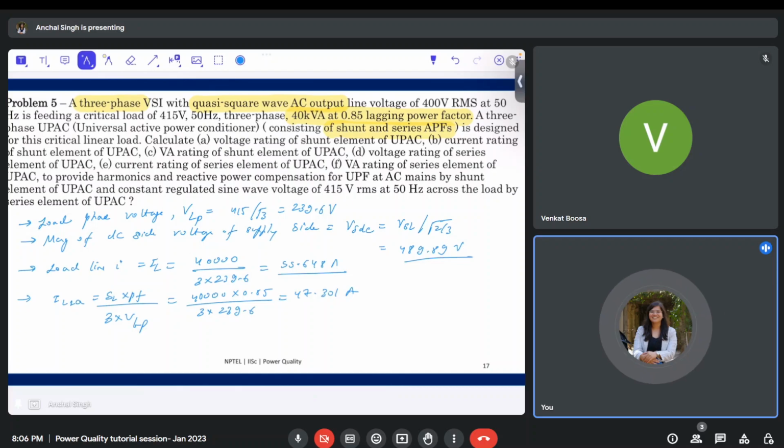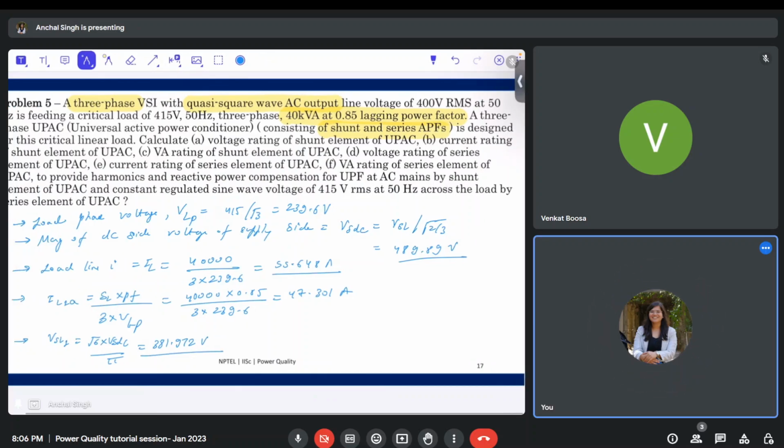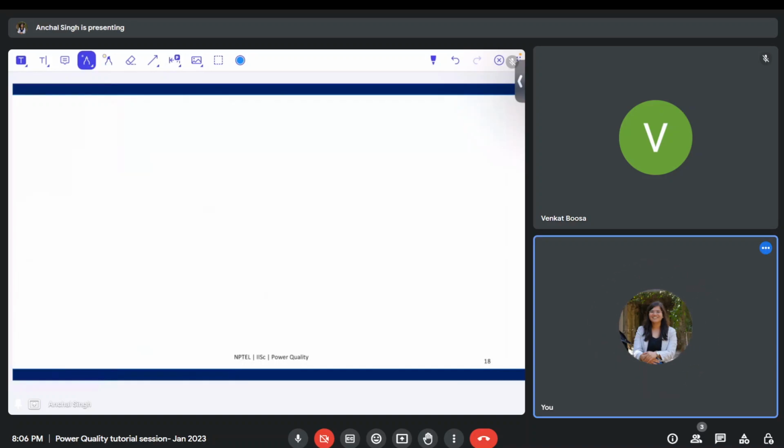And the fundamental component of the supply side line voltage, let me call it VSL1, is equal to root 6 into VSDC by pi, which will be 381.972 volts. The same procedure, but only the equations will be changed. So we just calculated the supply line voltage fundamental component.